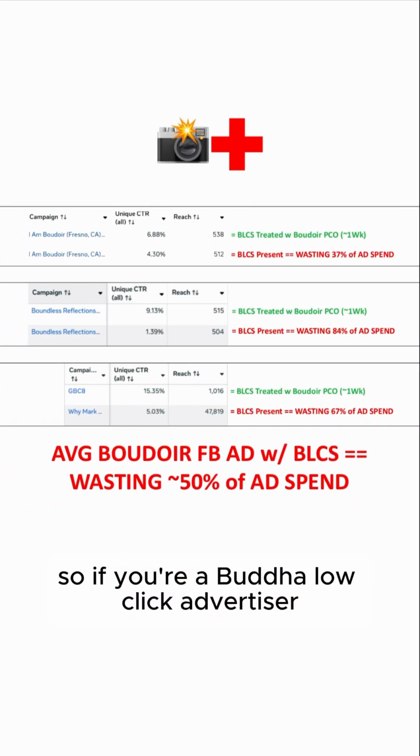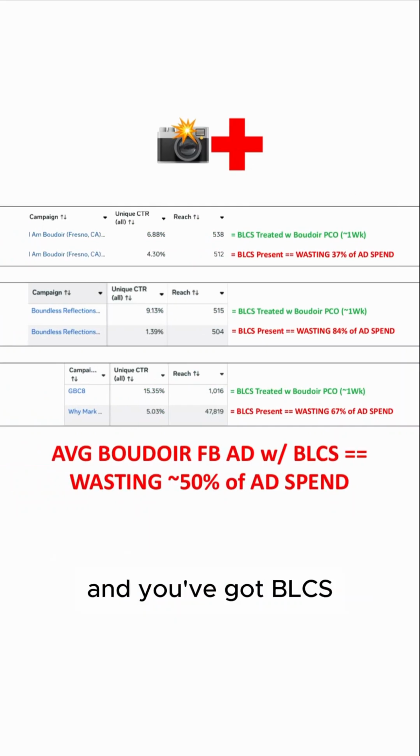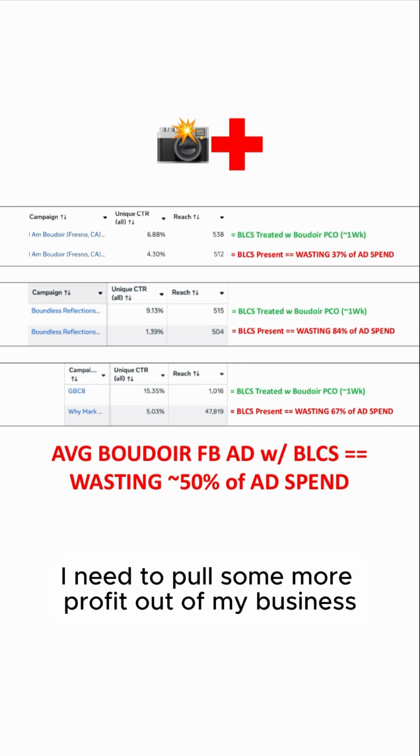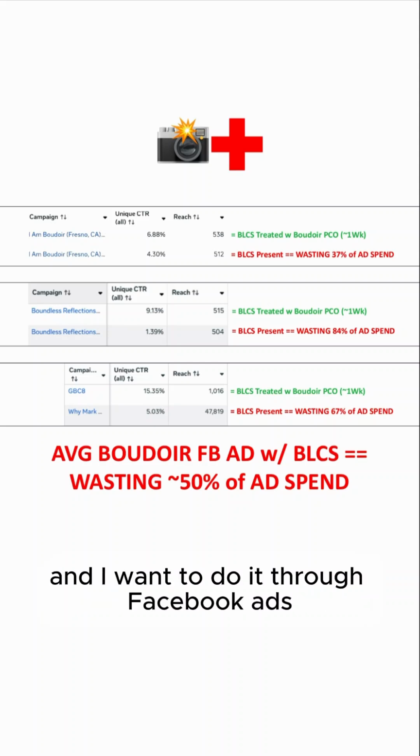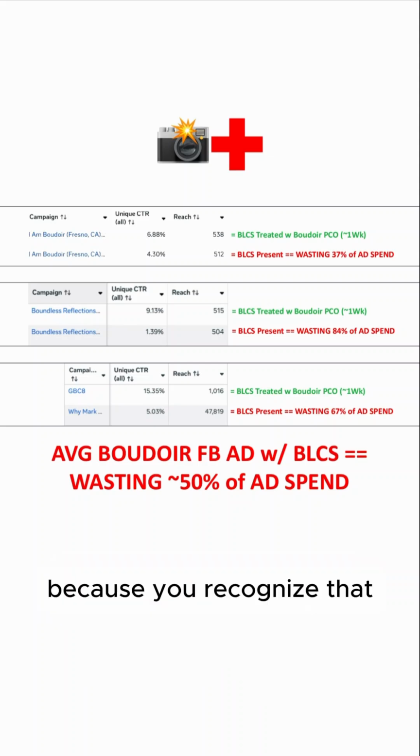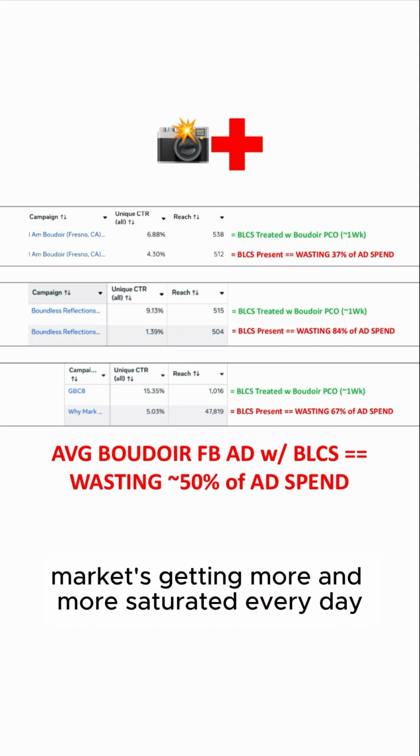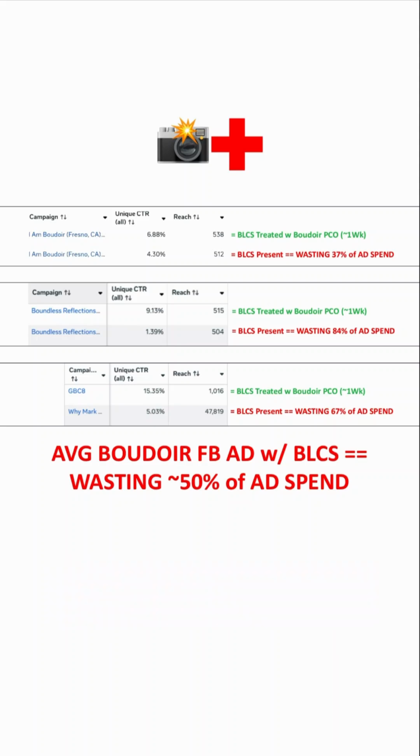So if you're a Boudoir advertiser and you've got BLCS and you've decided, hey, now's the time, I need to pull some more profit out of my business and I want to do it through Facebook ads, because you recognize that the Boudoir market's getting more and more saturated every day.